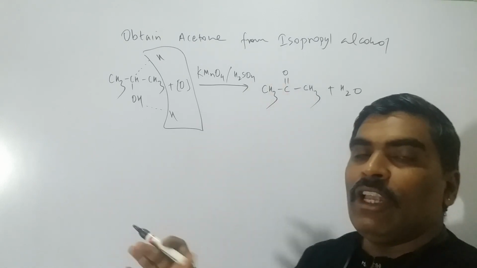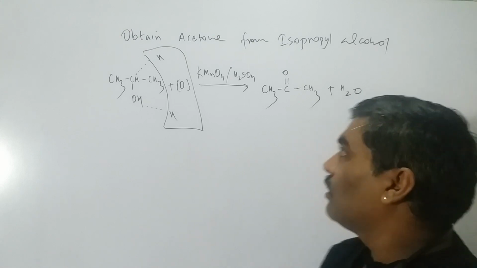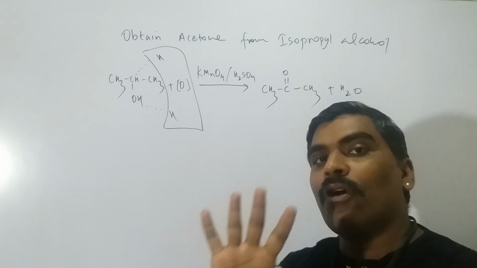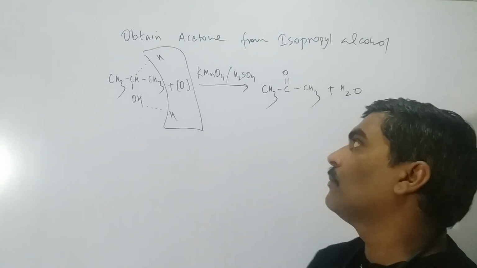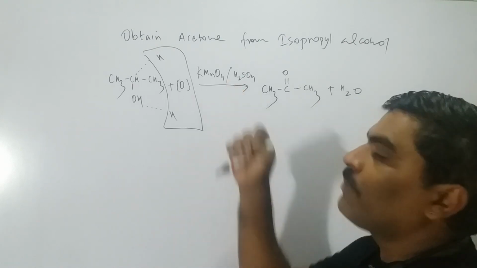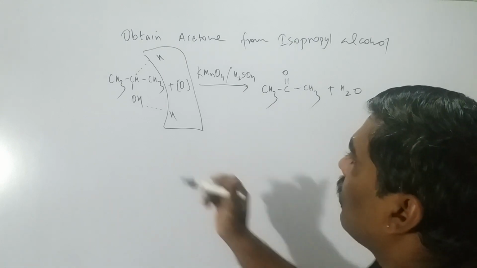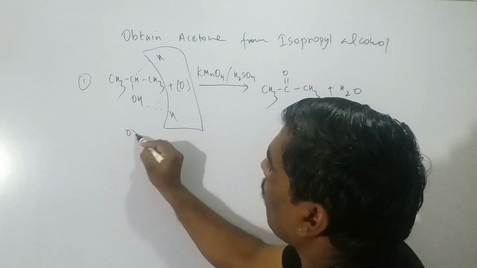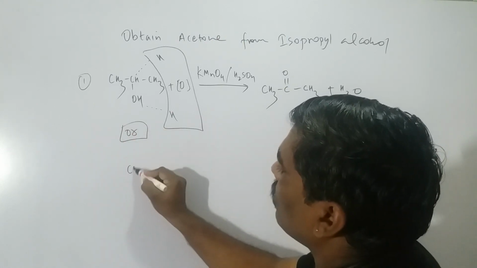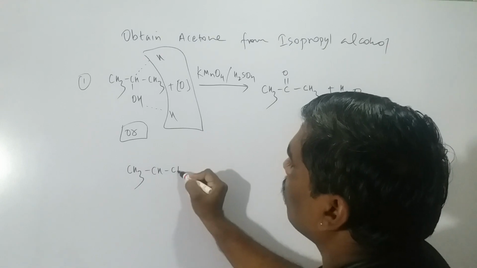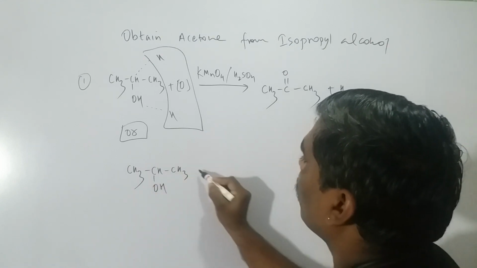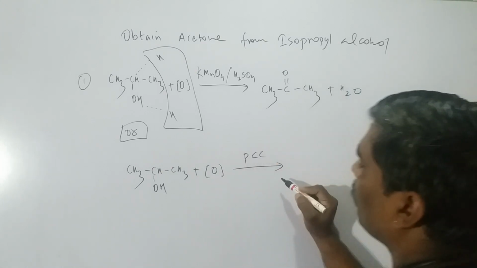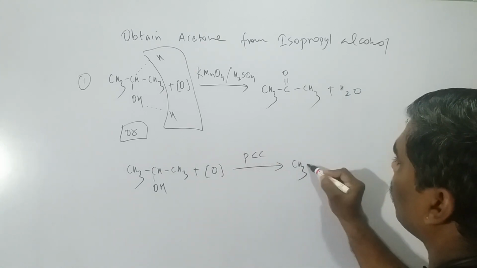Further reaction will not occur here, because for further oxidation we require 4 atoms of oxygen, which is not produced by this. Or the same reaction we can do with PCC, pyridinium chlorochromate. You'll get the same thing.